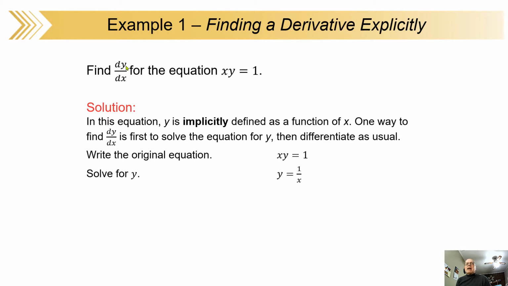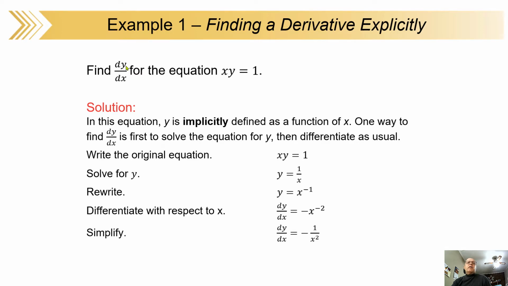Y equals 1 over x, you're in business. Rewrite that so it's ready for differentiation, so you can use the power rule, differentiate it, bring that number out front, multiply it times the existing coefficient, which was a 1, reduce the exponent by 1, and then do a final rewrite or simplification.